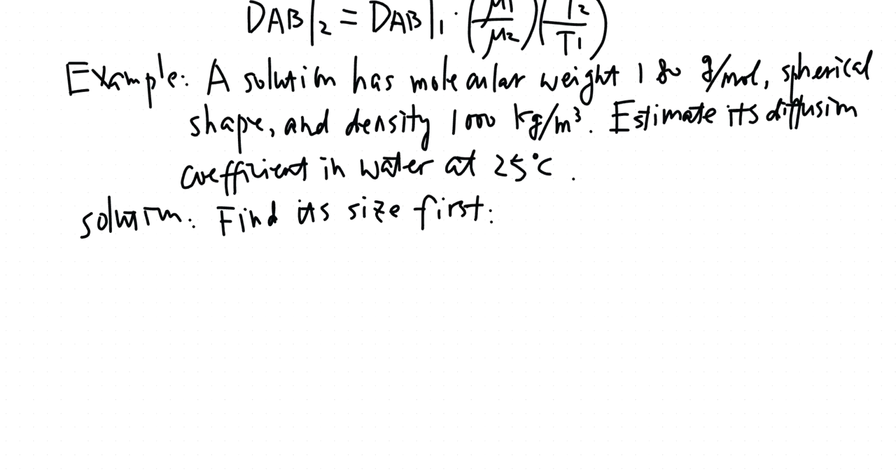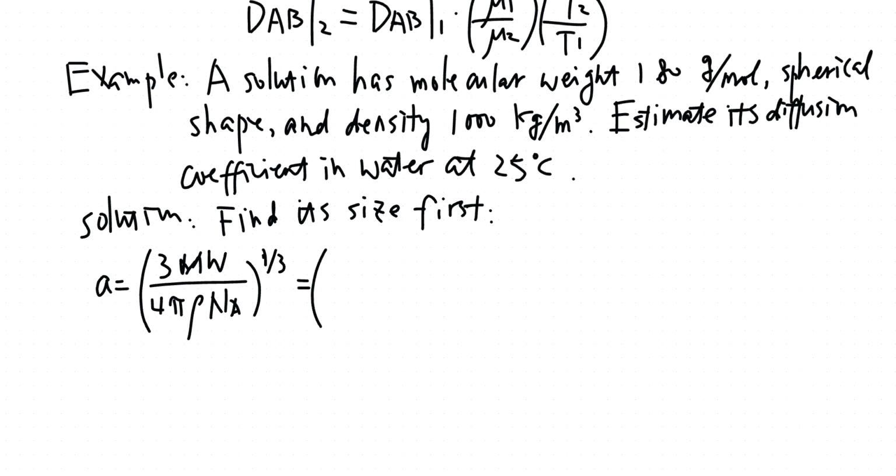So a equals (3 times molecular weight divided by 4 pi rho N_A) to the power of 1/3. And we plug in numbers.